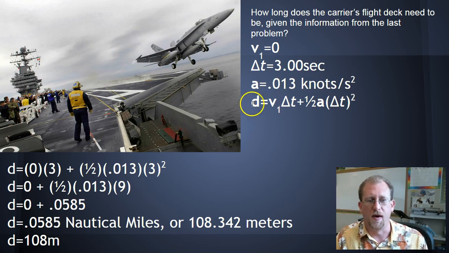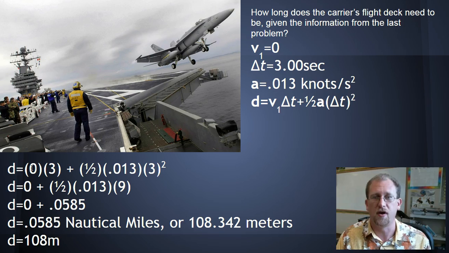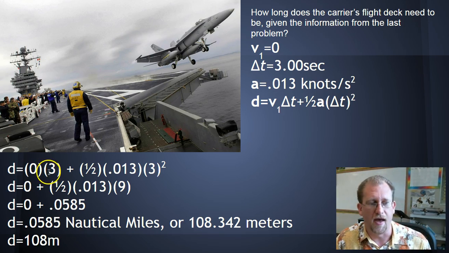So here's my equation, copied from the last slide. If I plug it all in, my initial velocity is 0. He's sitting still on the deck. The aircraft carrier is moving, but our point of reference now is the deck of the aircraft carrier. And this trip is going to take him 3 seconds, plus 1/2 times my acceleration times the 3 seconds again, squared. Let's take care of the square first, order of operations.